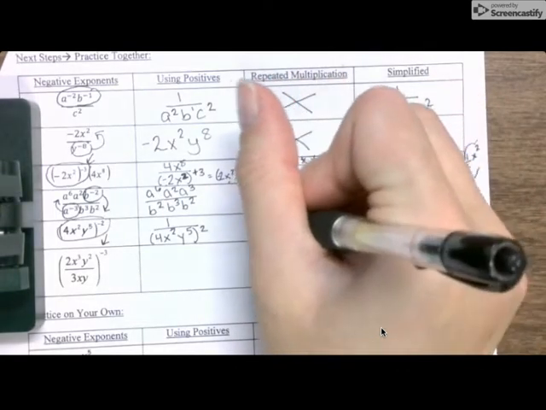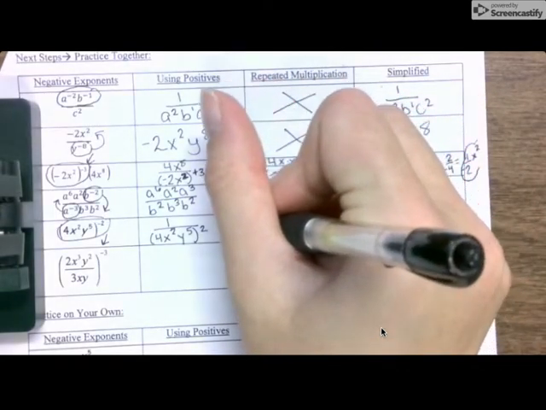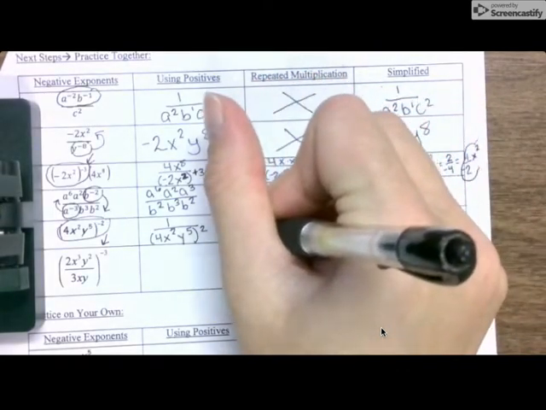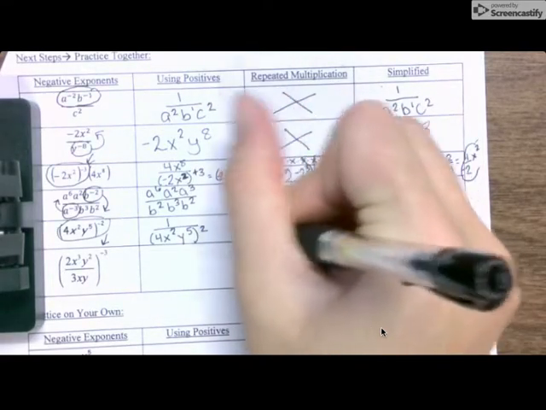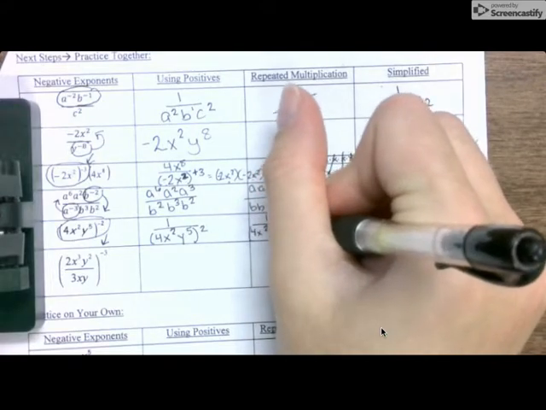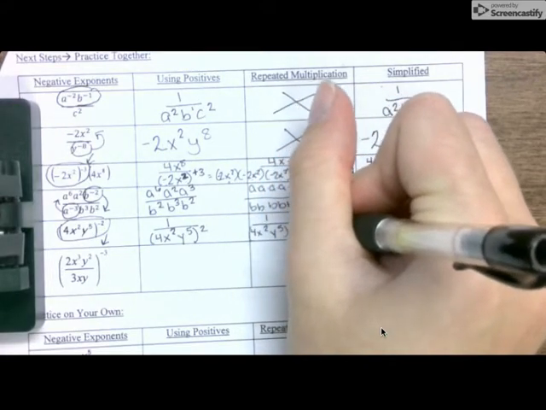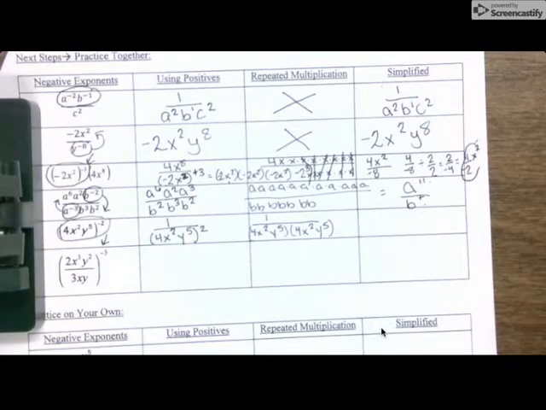Okay, so that's going to be 1 over 4x squared y to the 5th, written once. 4x squared y to the 5th, written that second time.